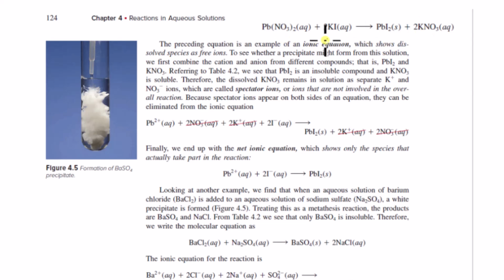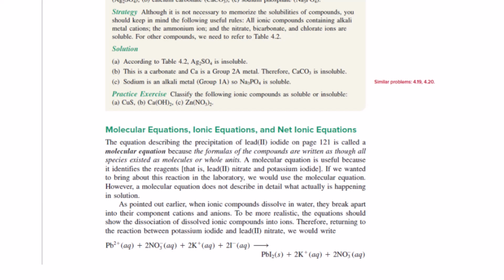Okay, then you balance the equation, and now it's saying that the dissolved KNO3 remains in solution as separate K+ and NO3- ions, which are called spectator ions, or ions that are not involved in the overall reaction. So what are they talking about here with these spectator ions? We come back here, so here's the ionic equation.